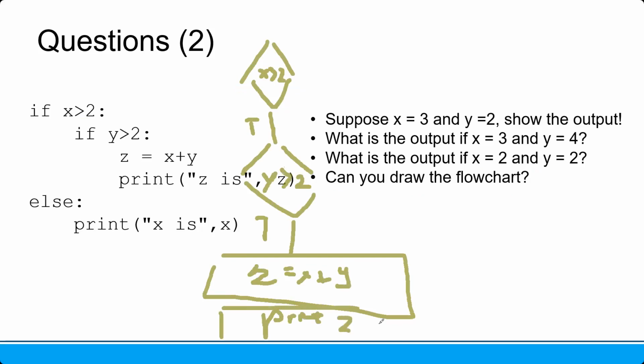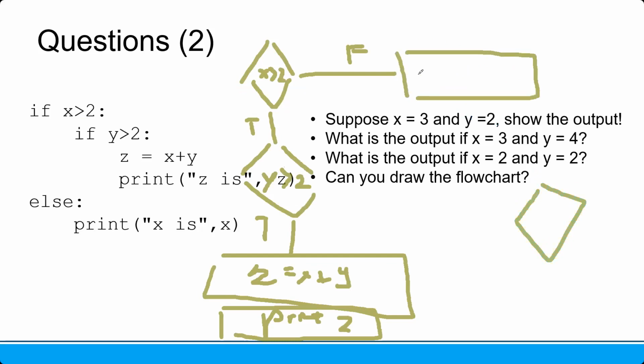Okay. Where is this else? This else belongs to this one. So we have no decision here. If it is false, then we will just print x.